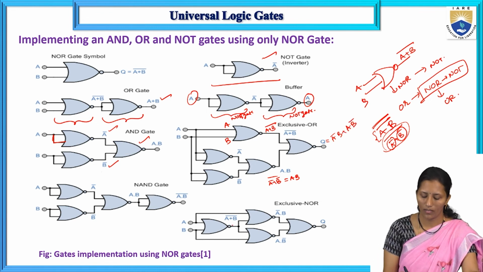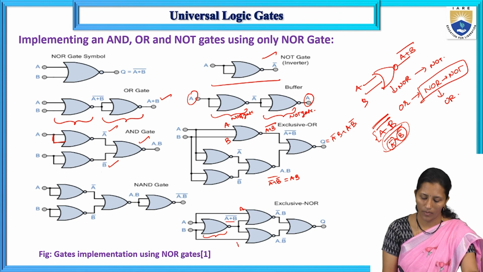Here also same for exclusive NOR gate. Here A plus B whole bar and B is given to the NOR gate. A plus B whole bar. Here A is given, here B is given.